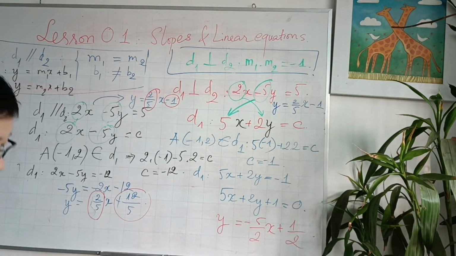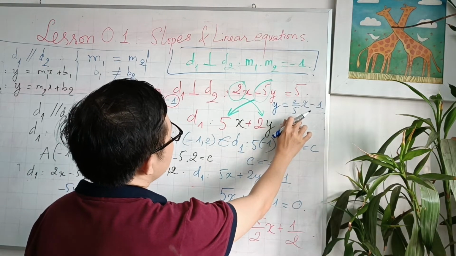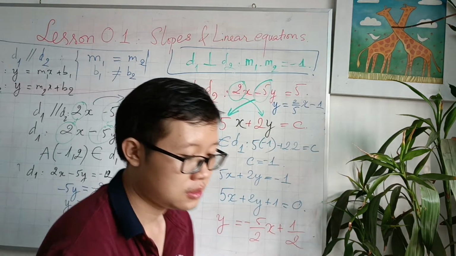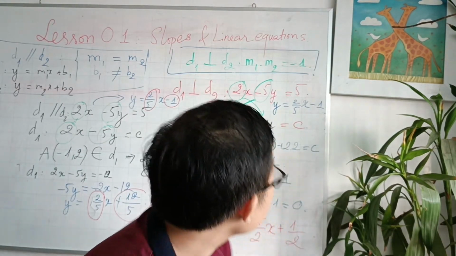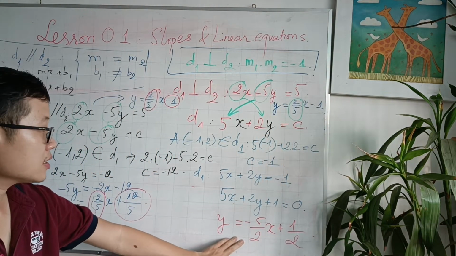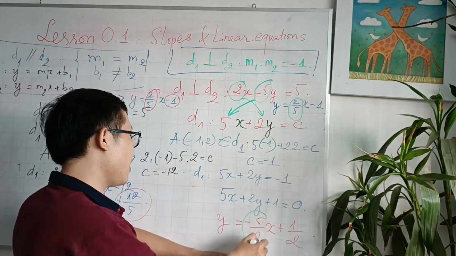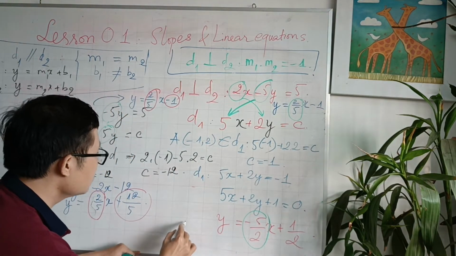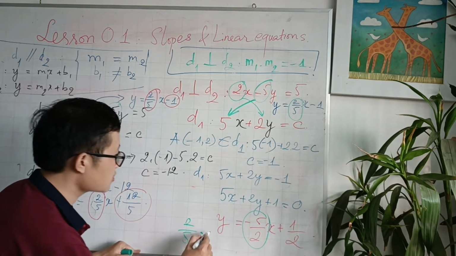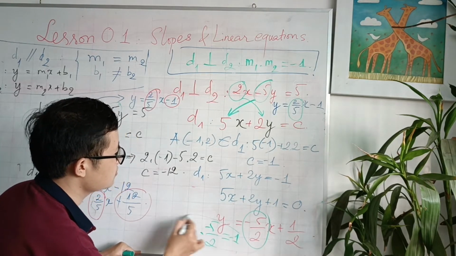So as we can see, the coefficient before x of this line is 2 over 5, and the coefficient before x of the other line is -5 over 2. So 2 over 5 times -5/2 equals -1.